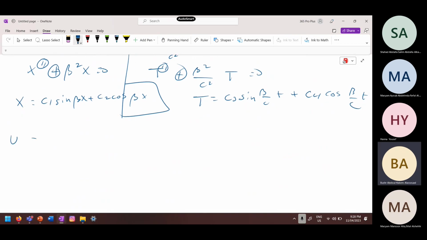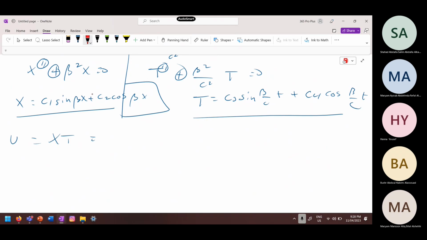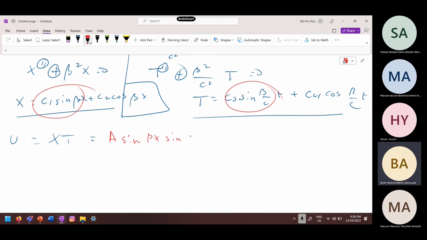Now, finally, the assumption: multiplying this function with this first will give you a sine beta x multiplied with sine beta over c t.